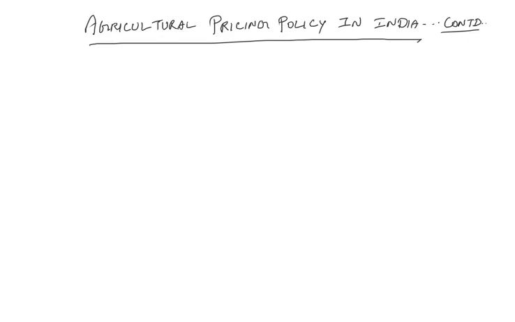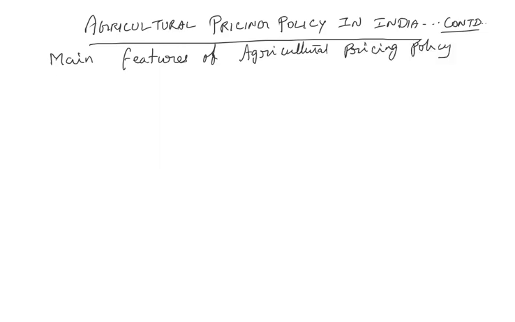And we have seen some of the points in the main features of agricultural pricing policy in our country. The other day, I explained to you the government established two institutions.